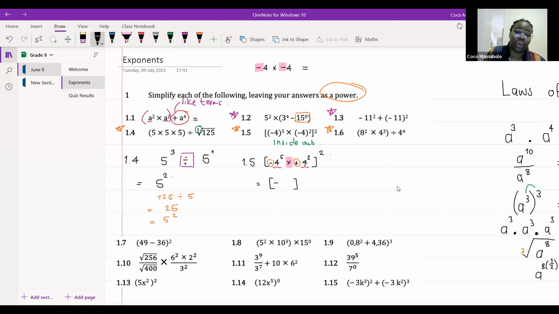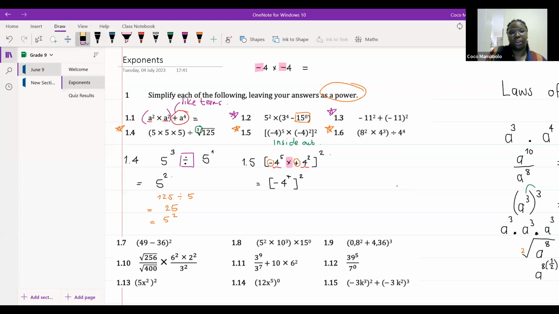So we must keep 4. Do not multiply them together, Theo. We always keep them the same. And then what do we do with the exponents? We plus them. Absolutely. So I'm going to end up with -4 to the power of 7. Beautiful.